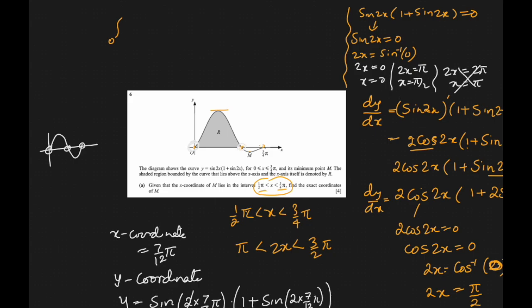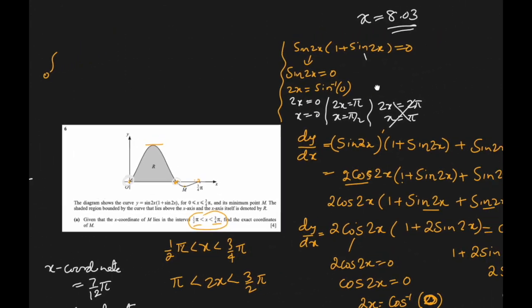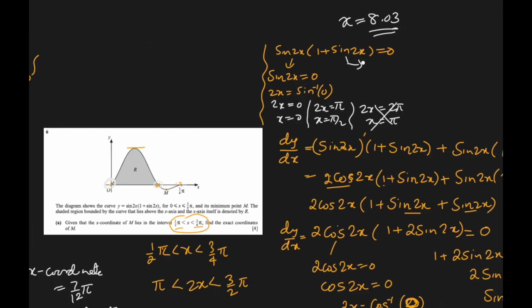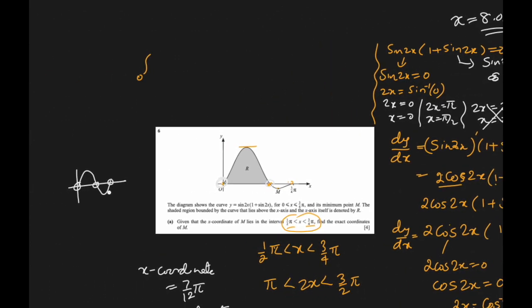Most probably this point is pi by 2, but let me confirm that the other factor is not giving me any other answer. So 1 plus sine 2x equal to 0 gives sine 2x equal to minus 1, so 2x is sine inverse of minus 1. Where is sine inverse minus 1? In the graph I drew, minus 1 is here.